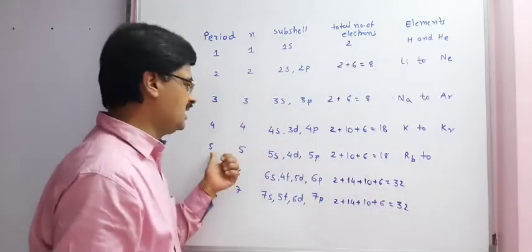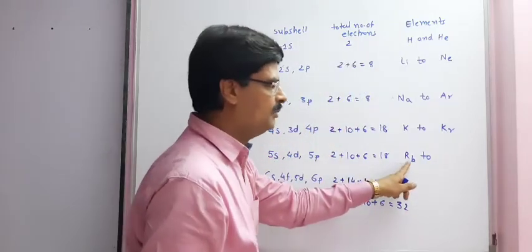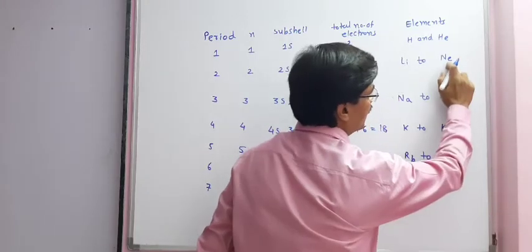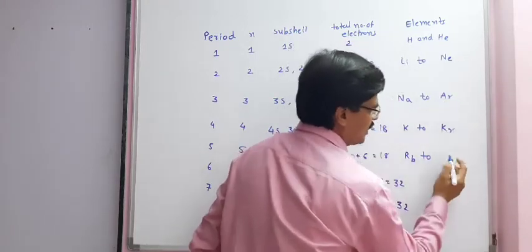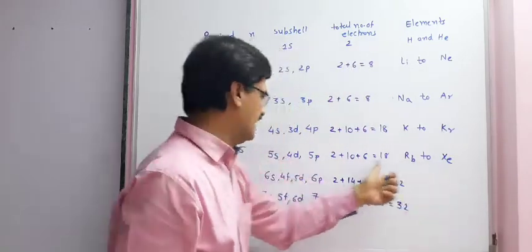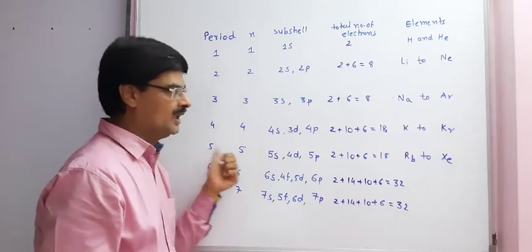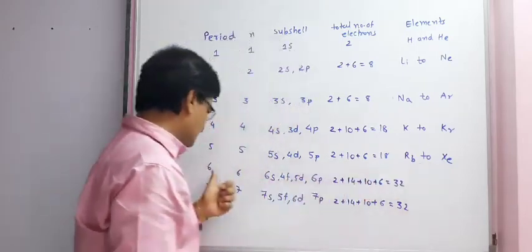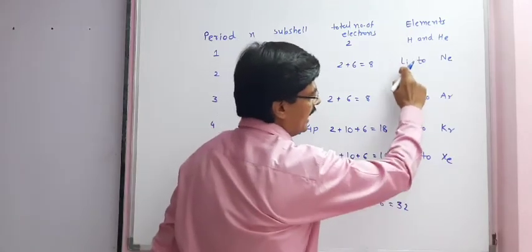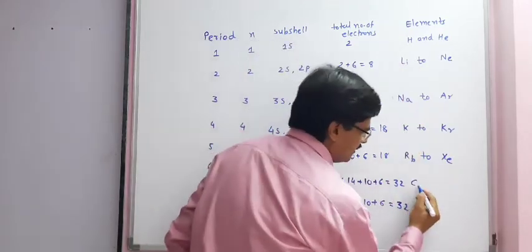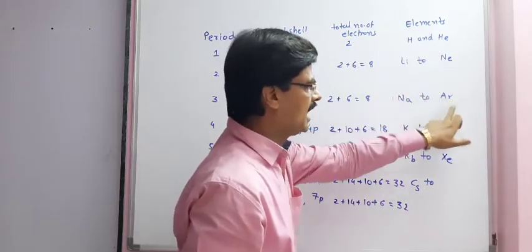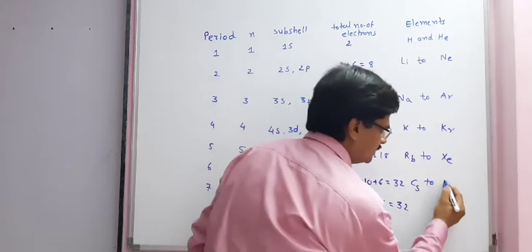Now in period number 5, we have rubidium to xenon. Period number 5 contains elements from rubidium to xenon, after helium, neon, argon, krypton, xenon. Same way period number 6 runs from cesium to radon, after neon, argon, krypton, xenon and radon.